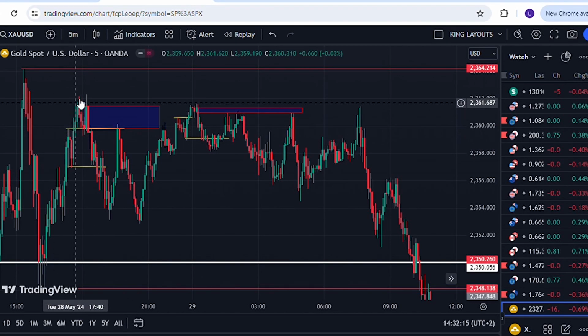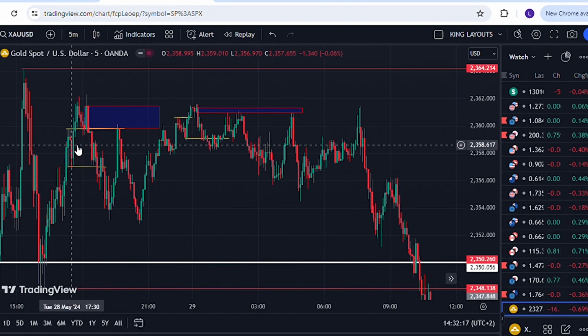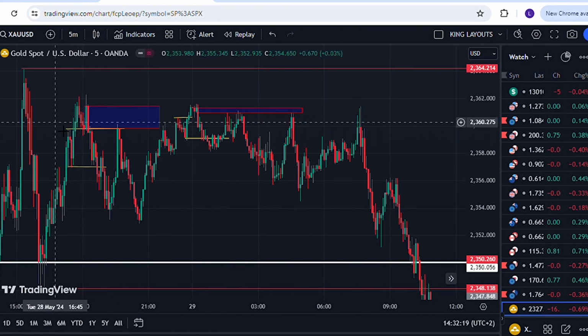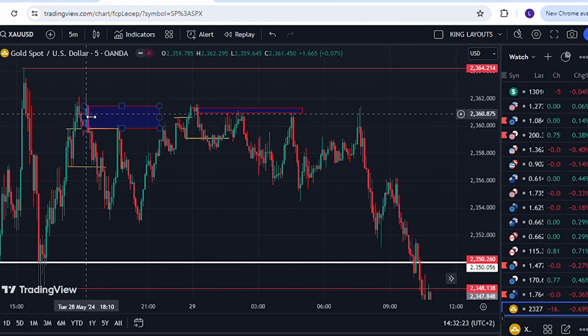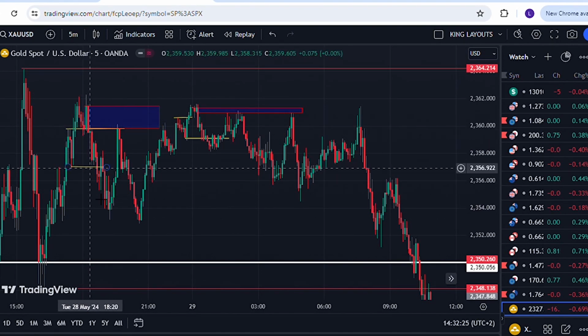So there was this break of structure, right? And then after this break of structure, there was a drastic movement down, which broke this higher low, because this is an uptrend. So we're talking about higher highs and higher lows, because this is an uptrend.